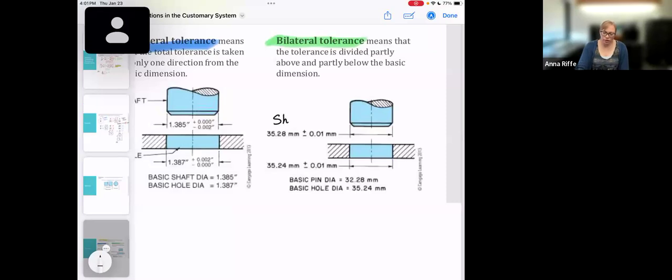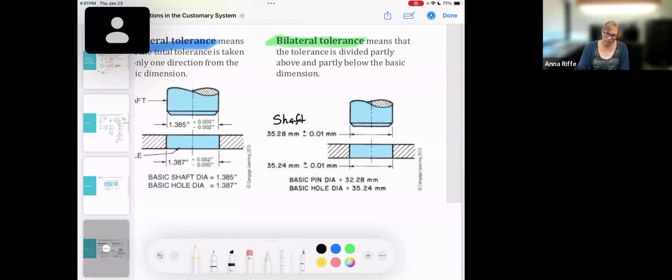The shaft here has a basic dimension of 35.28 millimeters, and it has a tolerance of 0.01 millimeters, and that is above or below the 35.28 millimeters.